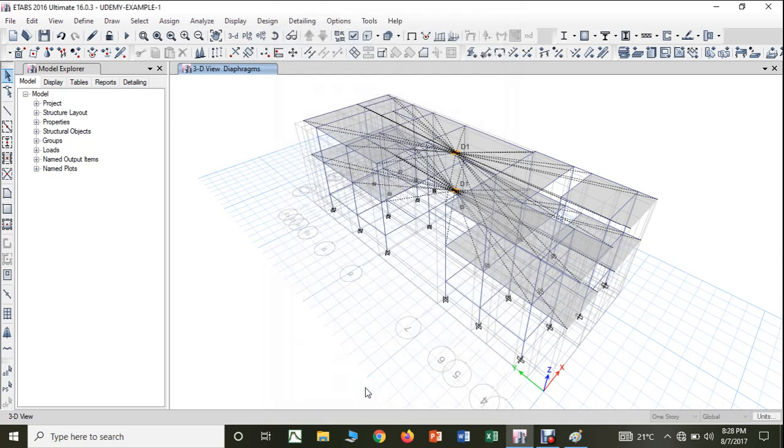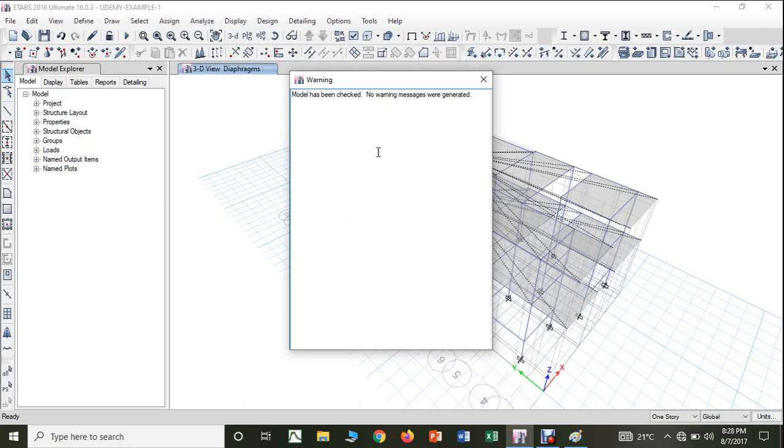Okay, yes. So once you select this check, you can see that it is checking. Okay, you can see the model has been checked, no warning messages are generated. It means your modeling is proper, everything is okay. If there is any mistake, in this warning box it will show you what the mistake is. So in this there are no issues, so everything is proper.